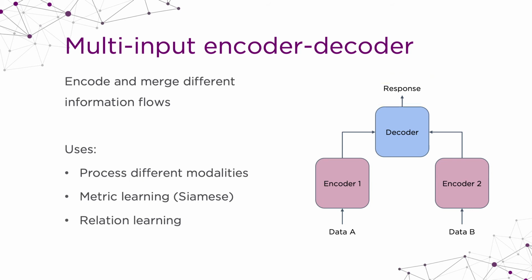Here I can have sound and images, and I want to predict something from two different modalities. I can also do metric learning, so I can give two images and try to learn the distance between the two, whether they are similar or not. And more generally, I can do relation learning on any kind of data. If the two encoders are able to process text, I can now compare two documents with this kind of architecture.